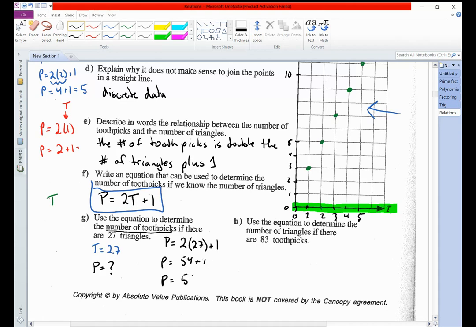So 54 plus 1 is 55. That means when we have 27 triangles, it requires 55 toothpicks to make that.